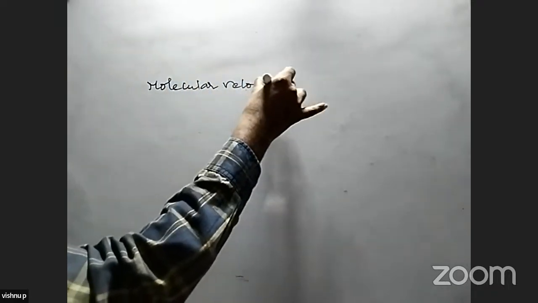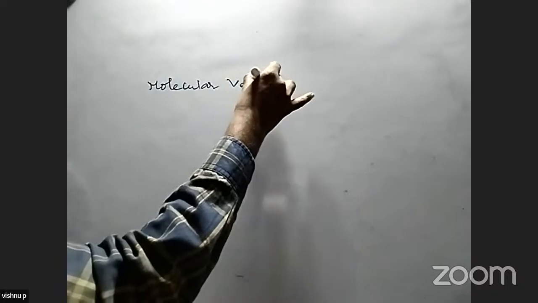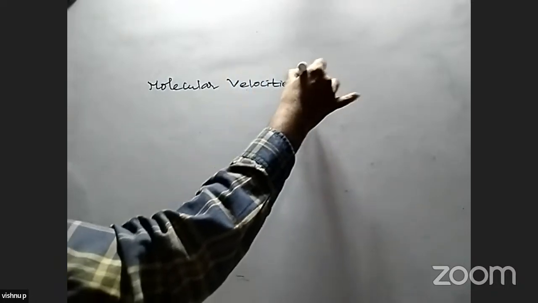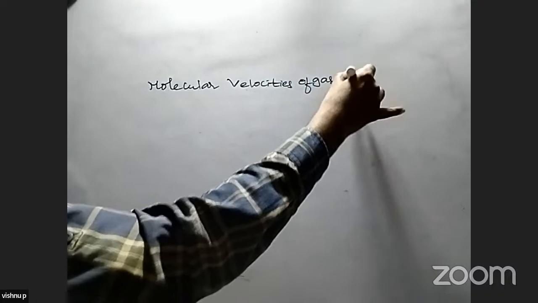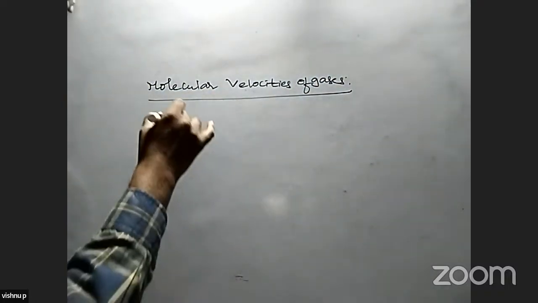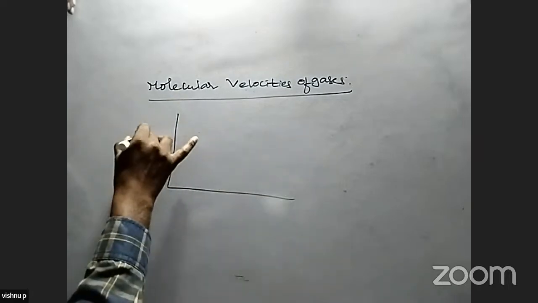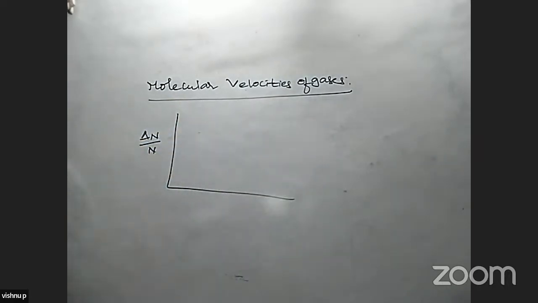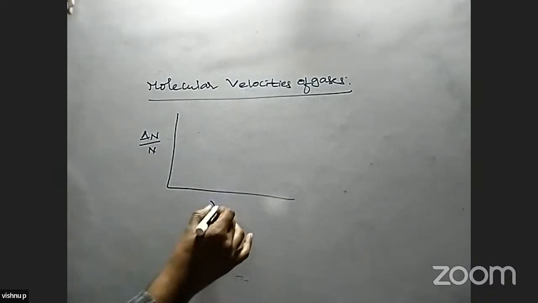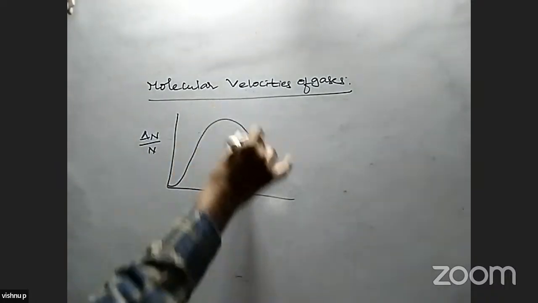Next is the molecular velocities of gases. Here again, molecular velocity is directly proportional to temperature. When temperature increases, the velocity of gas molecules increases. When we take the fraction of molecules compared to the total number of molecules against the velocity of gases, we get this graph.